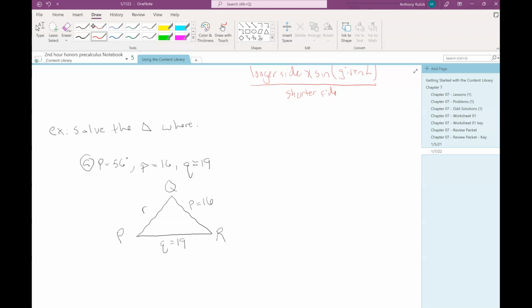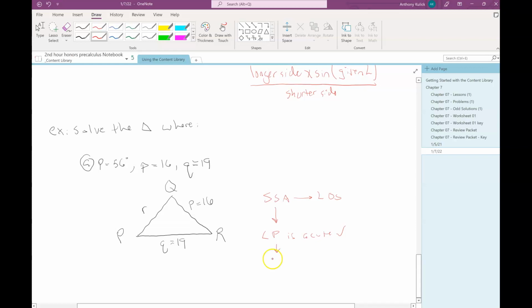Okay. Which situation are we in? This is the side-side angle situation, which means we're going to be using the law of sines. But the side-side angle situation requires a little bit of extra checking. So angle P, is that obtuse or acute? Acute. After we've checked that, we need to compare the two sides.